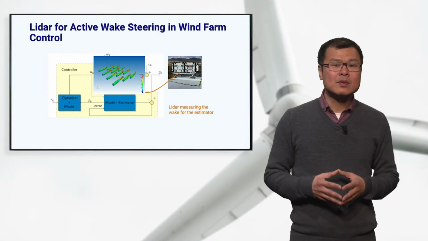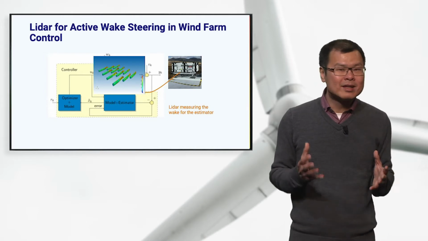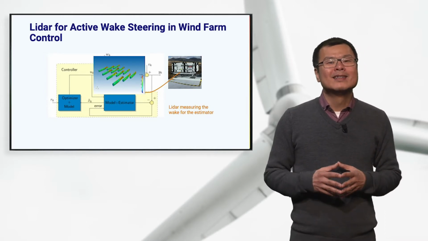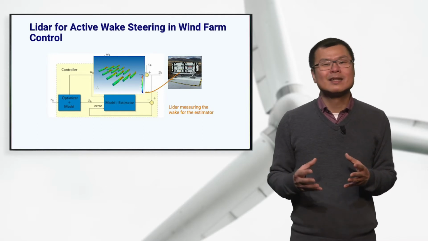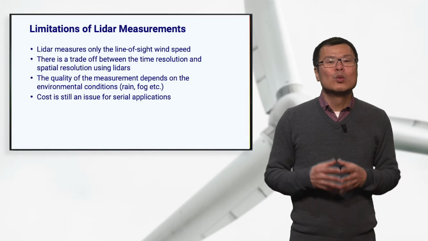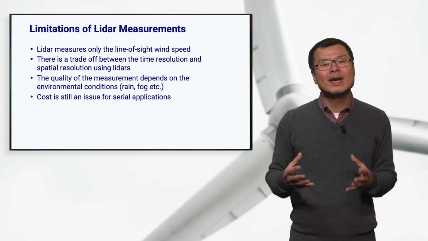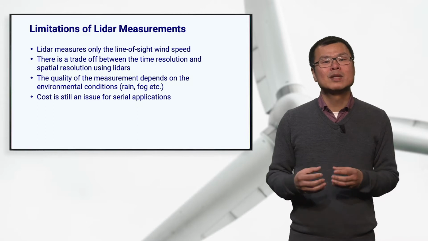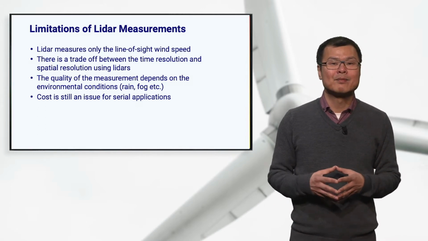So, is the LiDAR the answer to everything? No. Just like any sensor or instrument, it has its limitations. We need to be aware of these limitations so that we can make a trade-off between the advantages and disadvantages of using LiDAR.